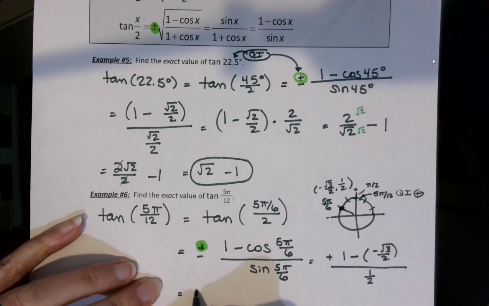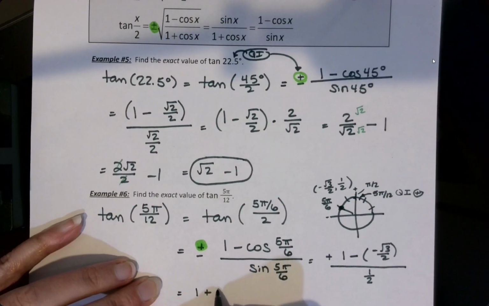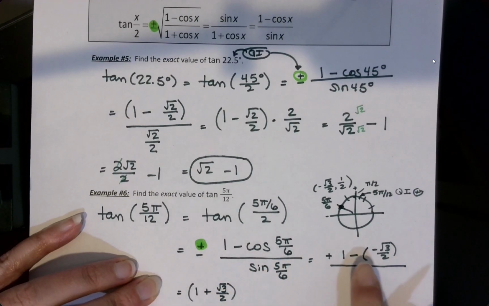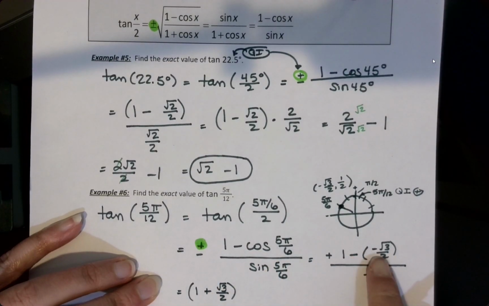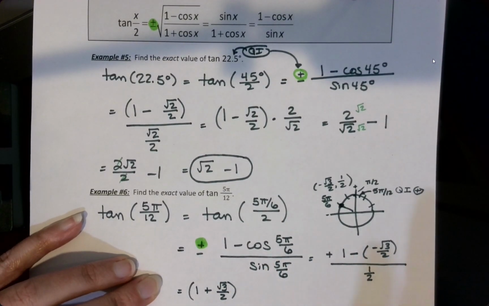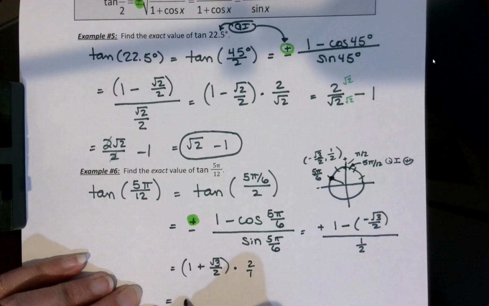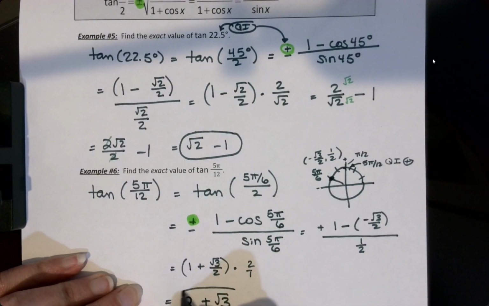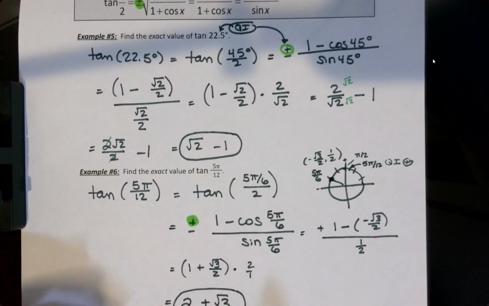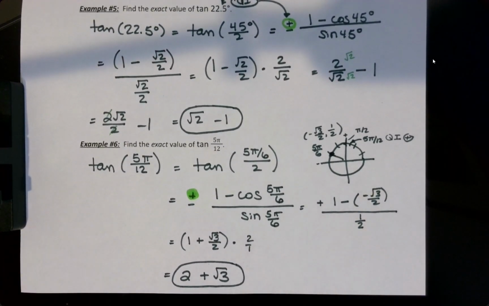So I've got 1 plus the square root of 3 over 2 when I take those two negatives and turn them into an addition. And then I'm going to multiply by the reciprocal, so 2 over 1. And this comes out to 2 plus the square root of 3. And I distribute the 2.